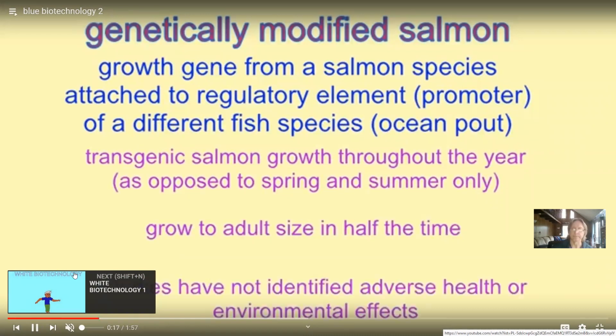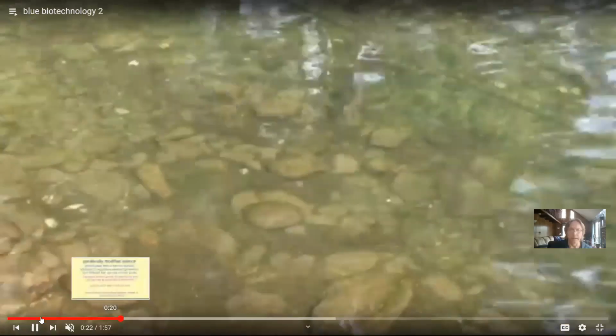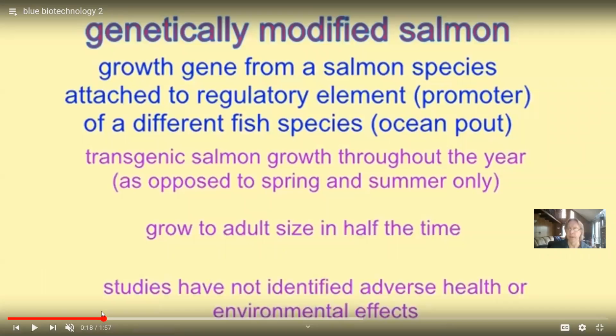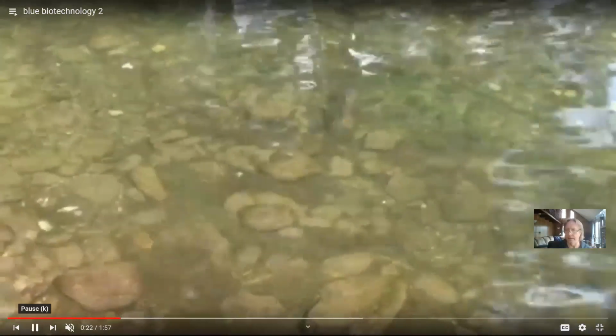Now, we could once again debate this, and if you were in my class, I would expect you to debate this with your lab partners. Well, have we controlled for this? Have we controlled that it's not going to fertilize wild salmon and then change wild populations, et cetera? How do we control? So it should be studied. It has, and there are no adverse health or environmental effects to date.